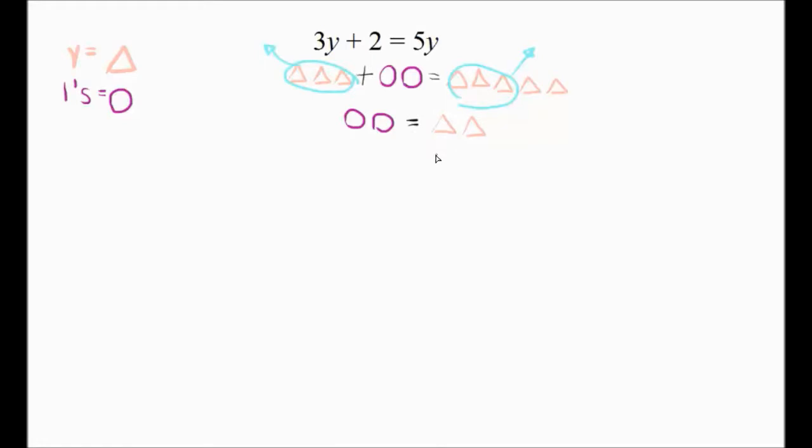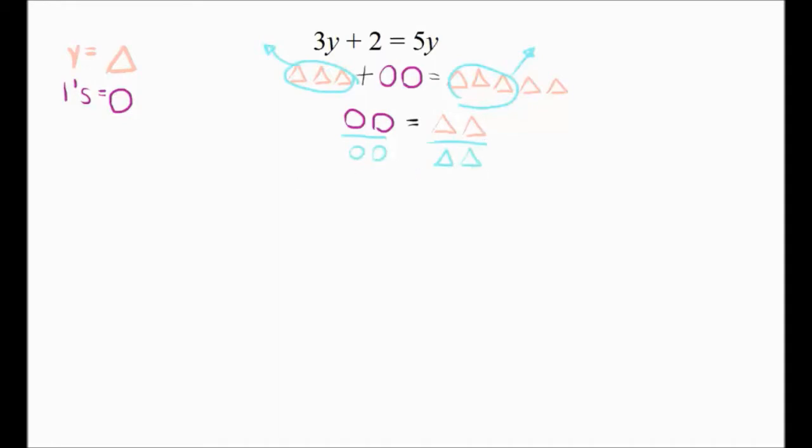Now, what does 1 of the ones equal to? What does 1 of the y equal to? Remember, when we're solving an equation, we're trying to solve for the variable. So we are trying to solve for the variable y, which means we're trying to get 1 of the y's over there. So to do this, I am going to divide both sides. I'm going to divide this side by 2 triangles, since I know that 2 triangles is equal to 2 circles, so that I can divide 2 circles over here.